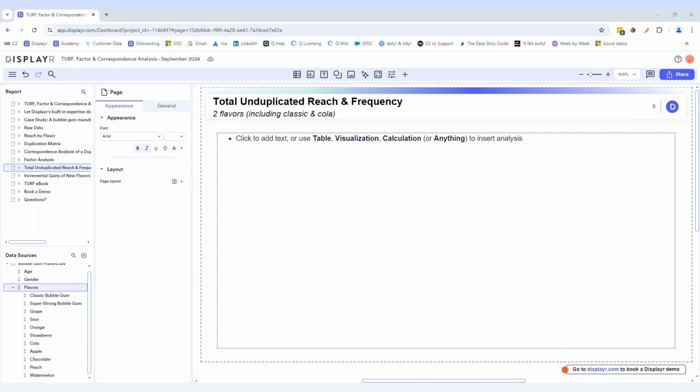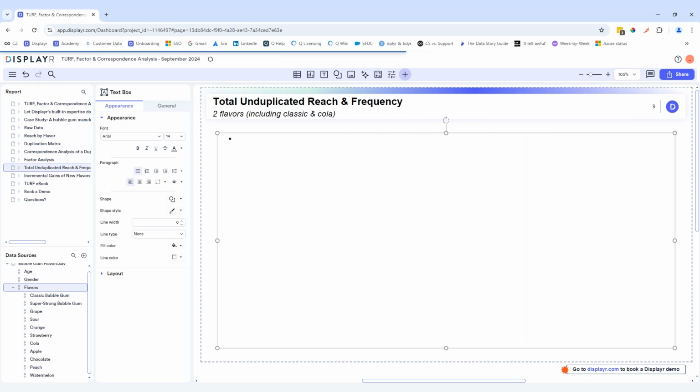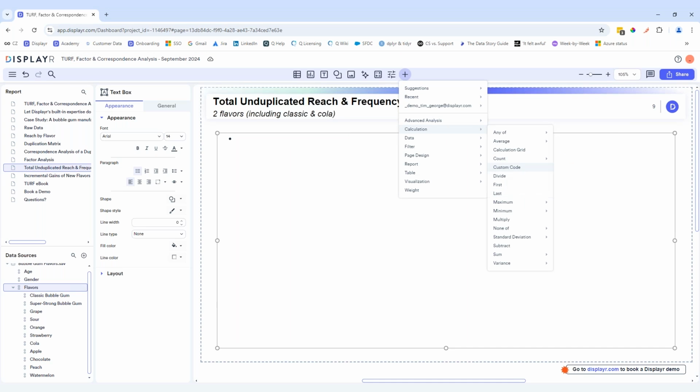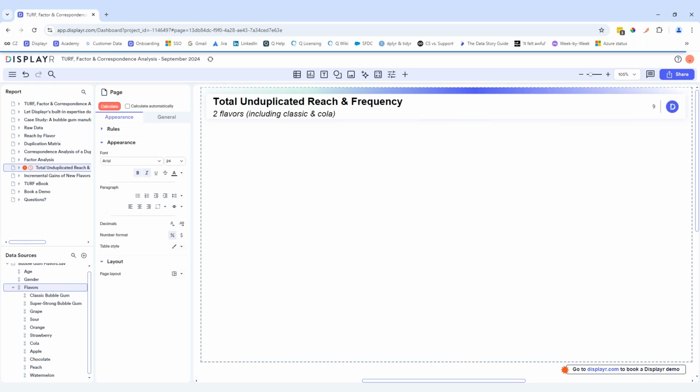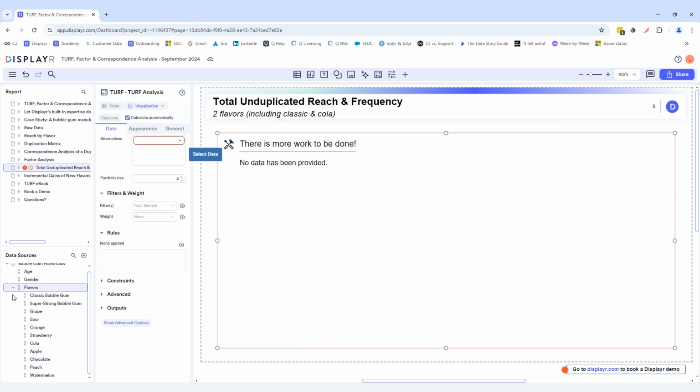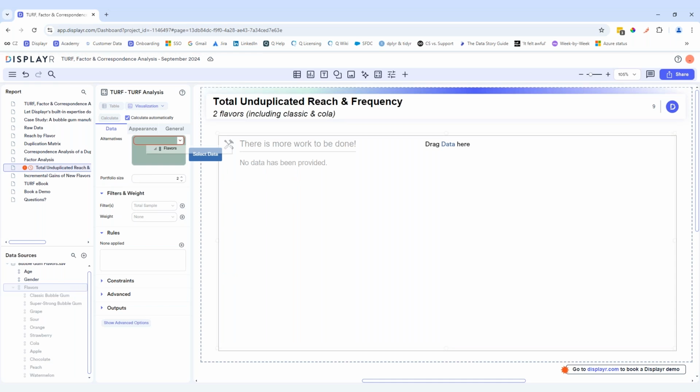While correspondence analysis and factor analysis are general tools for finding data patterns, turf analysis is specifically designed for portfolio optimization. I'll go ahead and start my first turf. And our alternatives are the flavors.